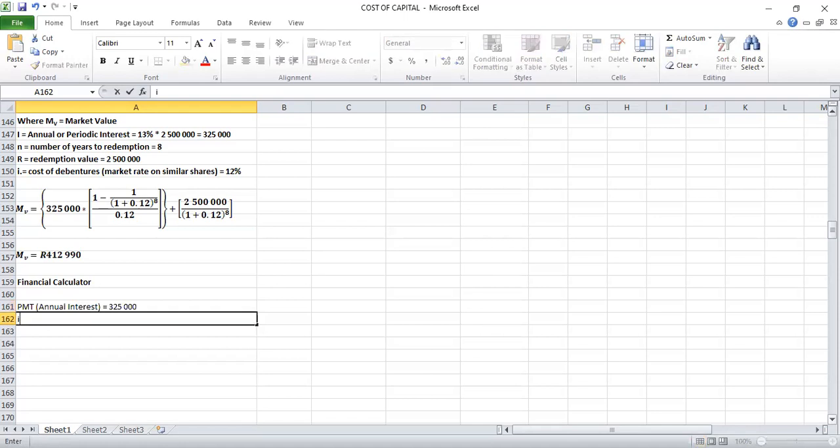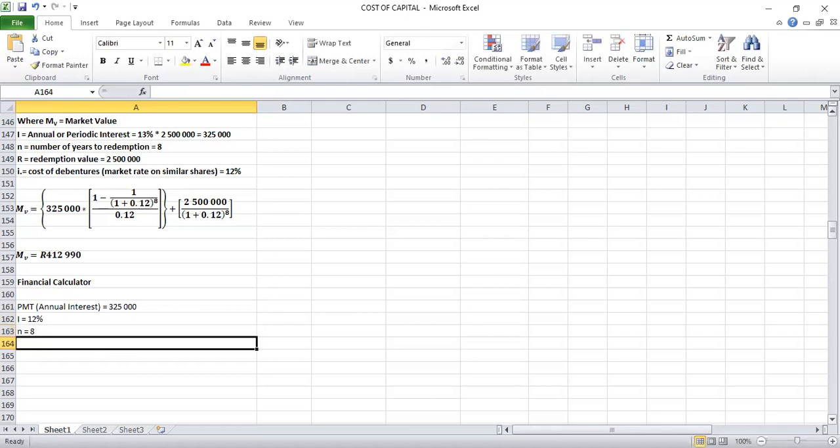Your I would be your 12%, the market related interest rate. Your N would be the number of years, which is 8. Then your FV would be your R, which is your 2.5 million. That is the annual interest.